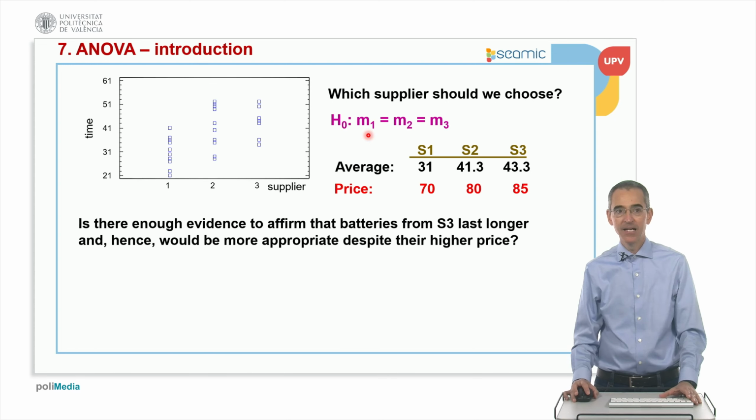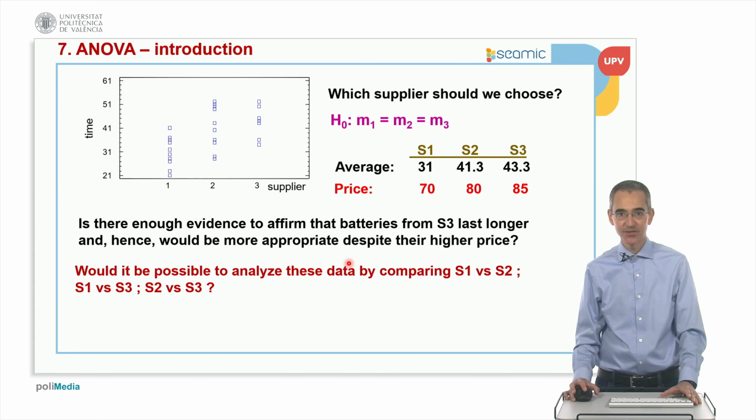Is there enough evidence to affirm that the batteries from the third supplier last longer than the rest, and that we should choose that one? We're not sure, because maybe between the second and the third the differences are not significant.